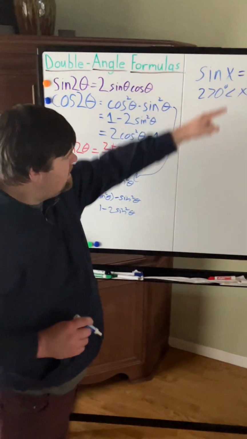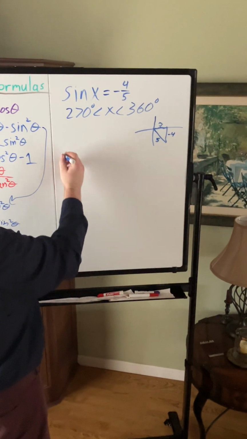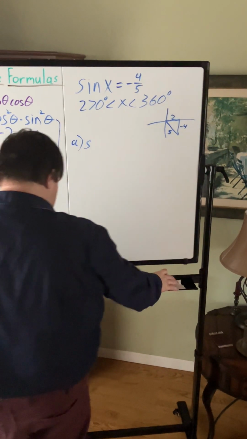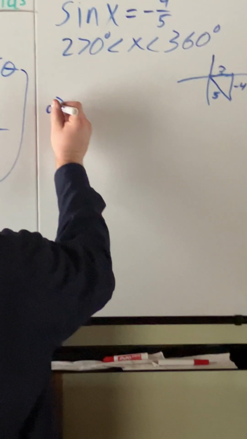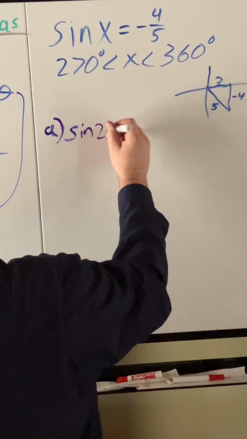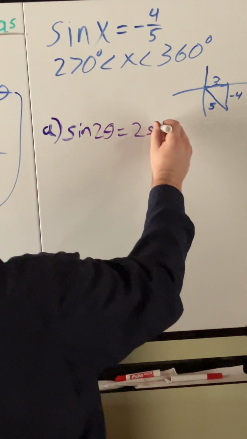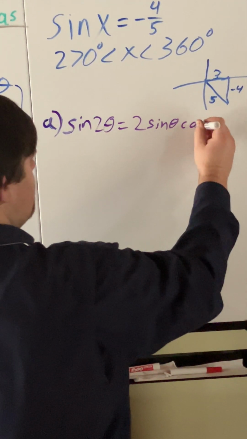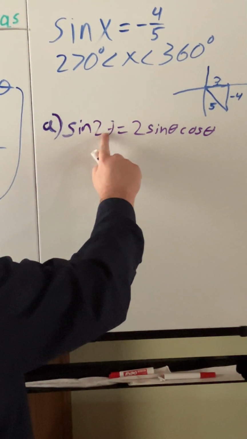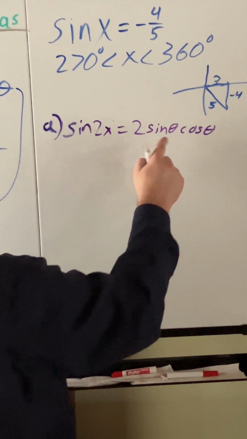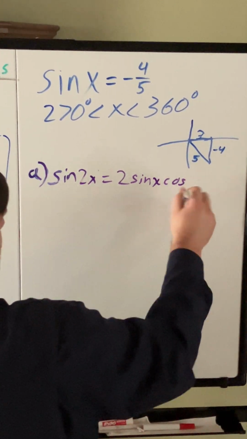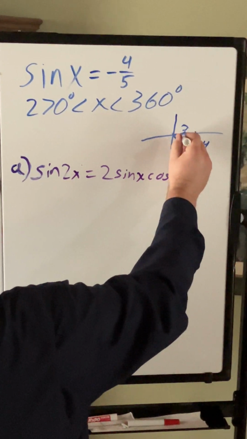If we want to find sine of 2 theta, call this part A. Actually, let's go ahead and do it in purple. A, we got sine 2 theta, which equals 2 sine theta cosine theta. I changed it to theta, it should be x, right? We made it x in this problem. Now, looking at our triangle, what's sine x, and what's cosine x?